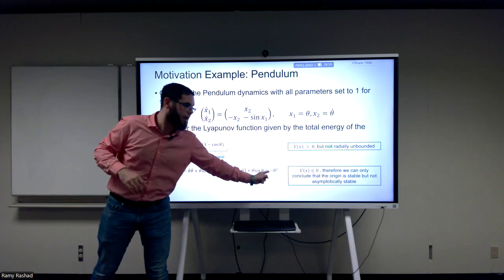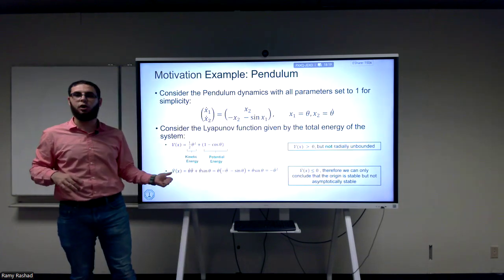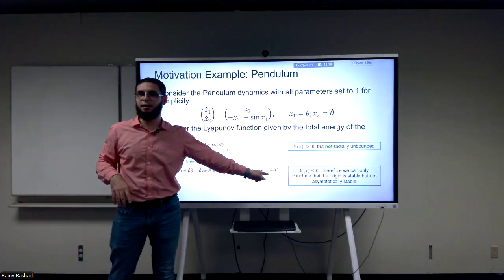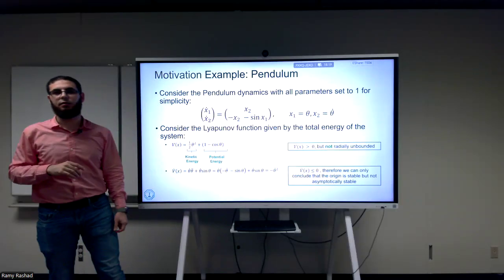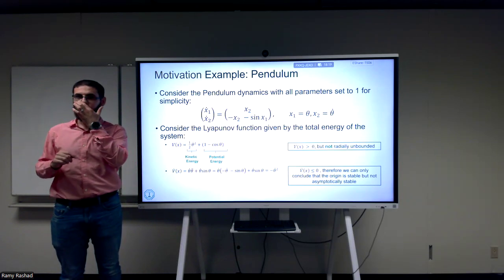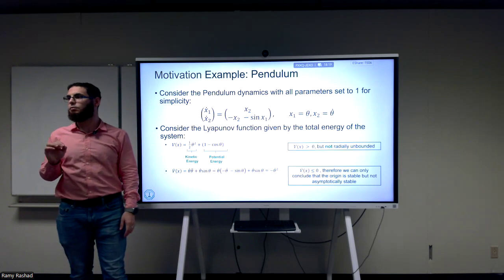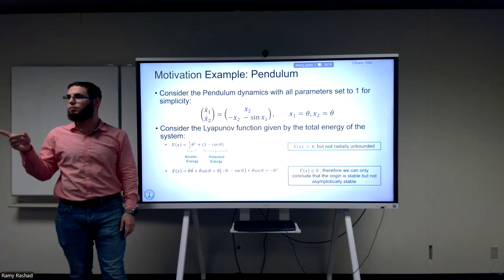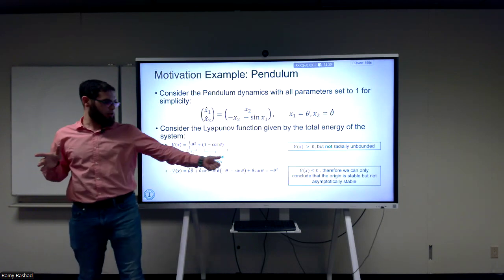In the end, we get minus theta dot squared, which is equivalent to V dot equal to minus x2 squared. Is it negative definite? Is it always a negative function? Exactly, it's always 0 when theta dot is equal to 0.